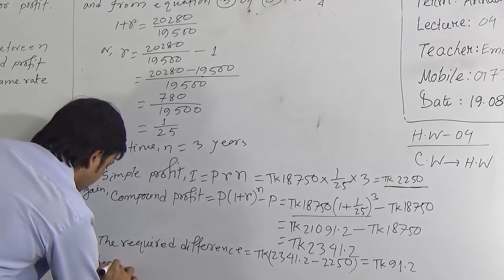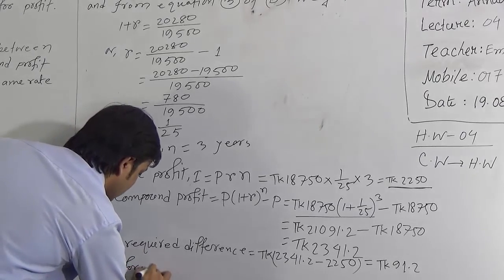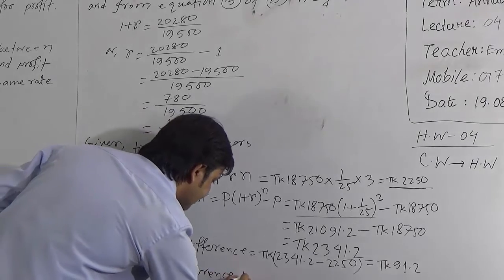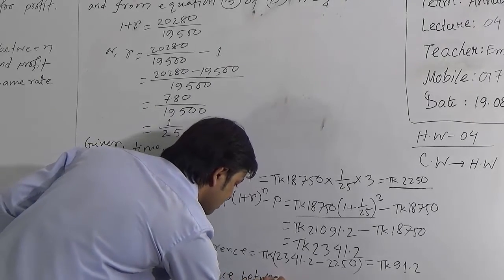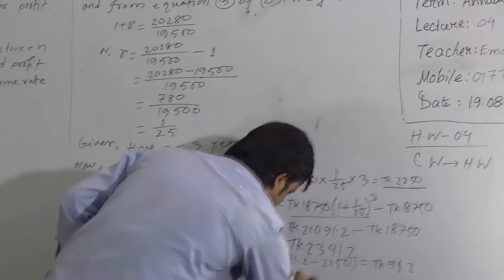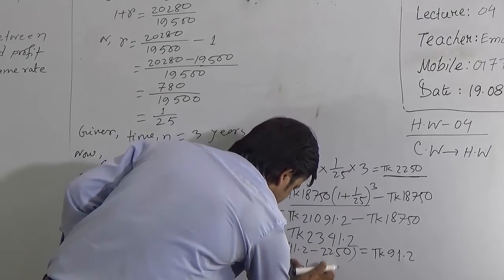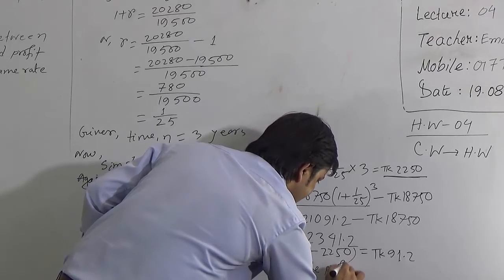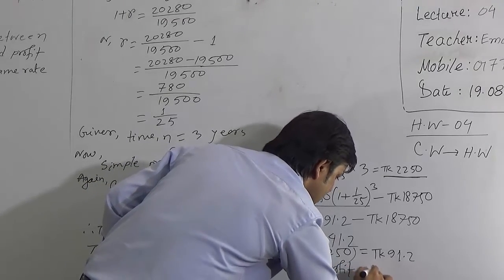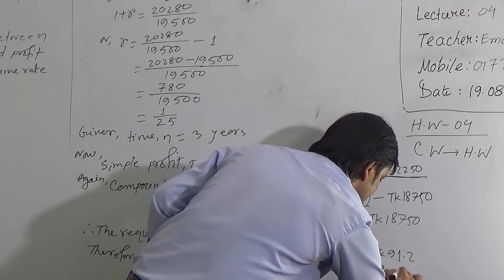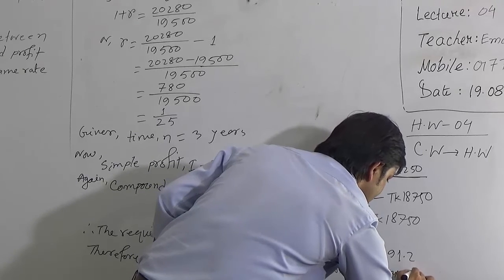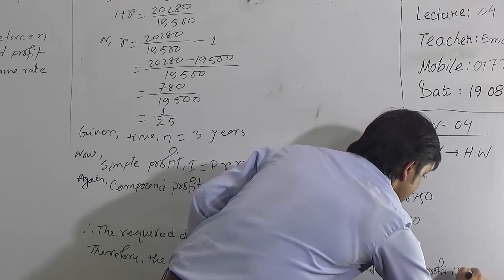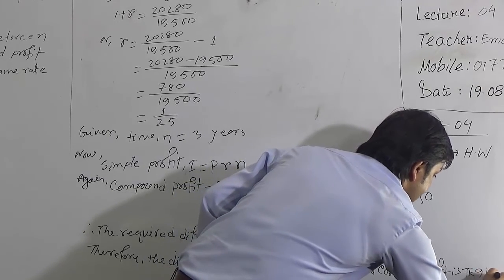Therefore the difference between simple profit and compound profit is taka 91.2.